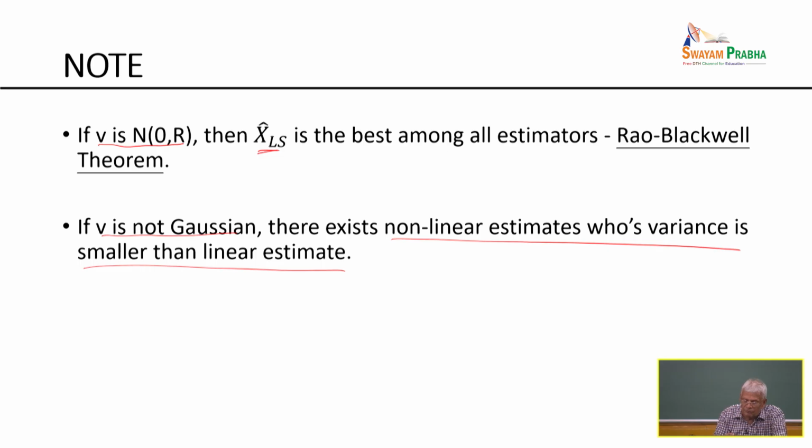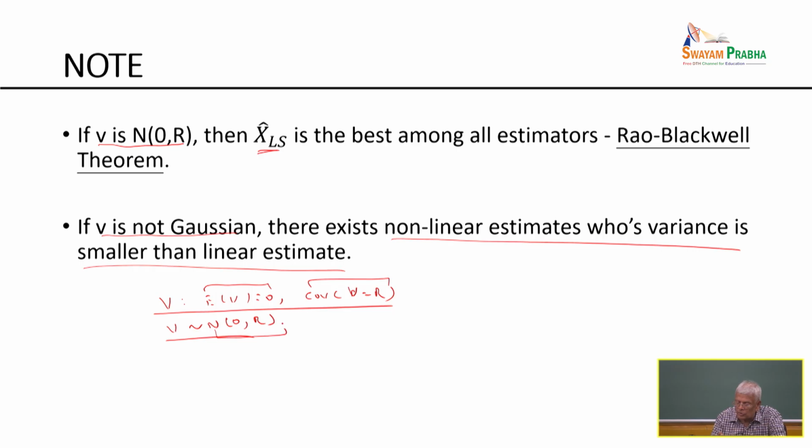Now, to say noise is such that E of V equal to 0 and the covariance of V equal to R, and to say V is normal with covariance R, these two are two different things. I hope you understand that. In here, I only know the mean and the covariance. In here, I know the entire distribution, normal. So the Gauss-Markov theorem was proved under this assumption.